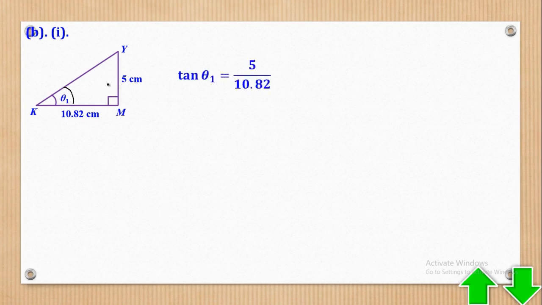With this angle, this is opposite, this is adjacent. So we shall use tan theta 1 equal to 5 over 10.82. Therefore theta 1 will be equal to 24.80 degrees, to 2 decimal places. That was Roman 1. Now we shall go to Roman 2.